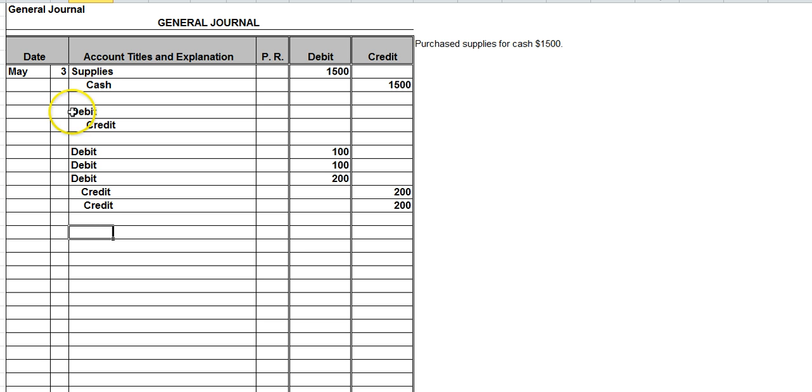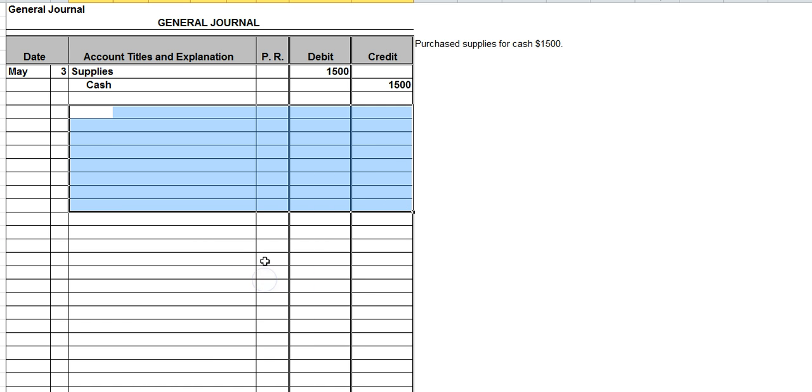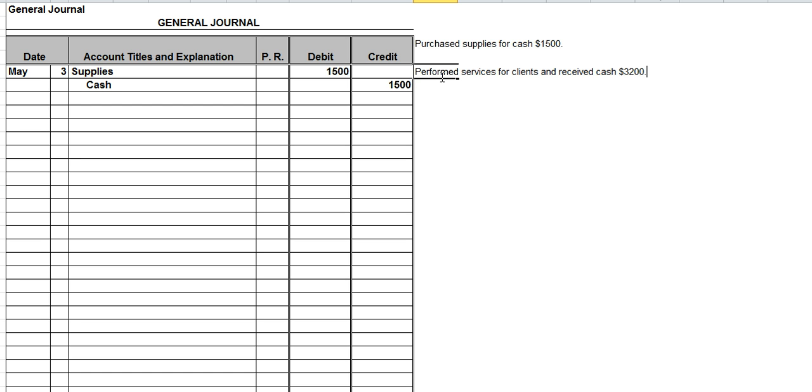Okay. So I'm going to clear these out and we're going to do some more examples so you can kind of get this thought process in your head. Let's say that we performed services for clients and received cash $3,200.